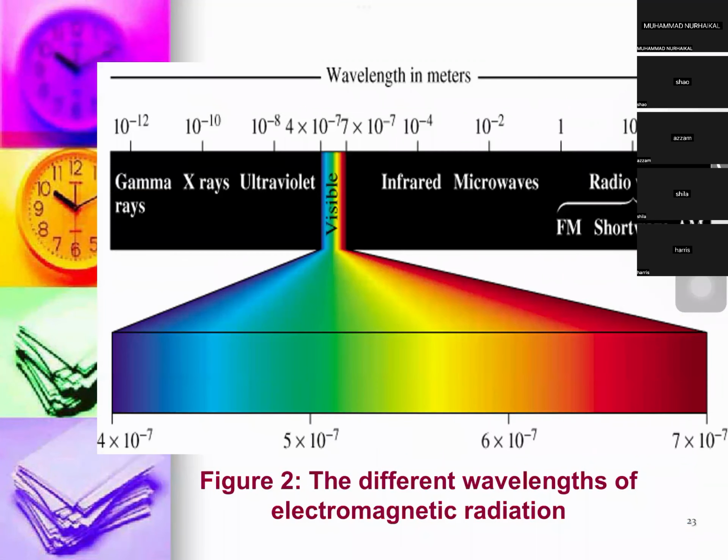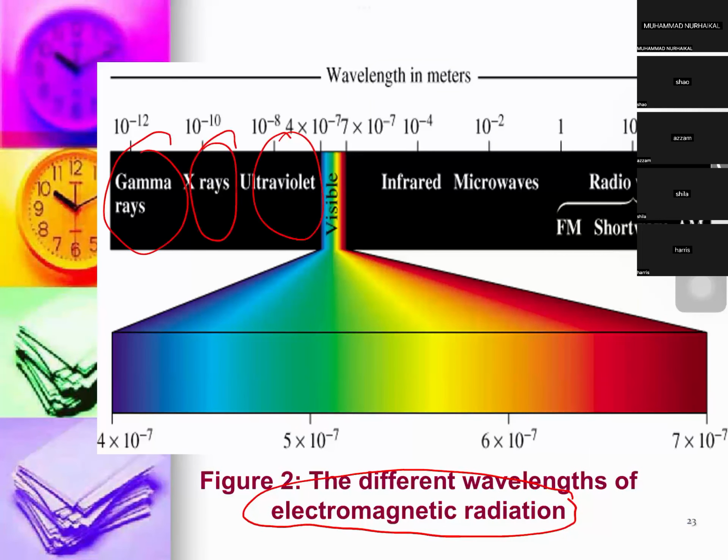I hope by now you know what is electromagnetic radiation. It consists of different energy levels and different frequencies of a series of radiation. So all this radiation has its own energy level, its own wavelength, as well as its own frequency.